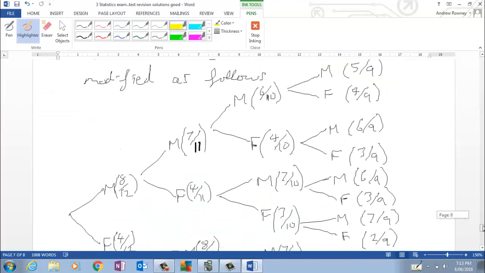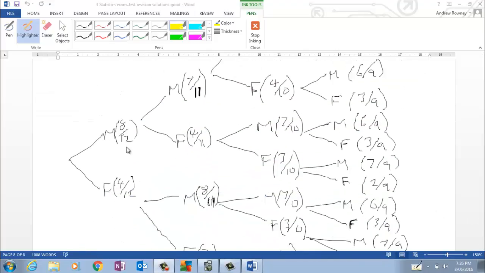So if you went through a process like this, where you can choose the riders or the runners in a particular order according to their probabilities. For example, let's say you chose the first rider to be a male. Well, you've got 8 in 12 chance of getting a male, because there are 12 total. There are 8 males and 4 females.